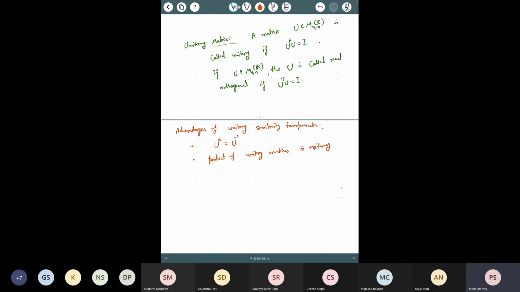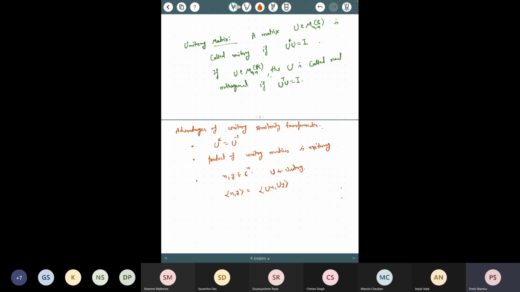Not only that, if you apply a unitary matrix on a vector, then this transformation preserves the angle as well as the length. What does it mean? It means that if you have two vectors x and y, and U is unitary, then the angle between x and y is the same as the angle between Ux and Uy.